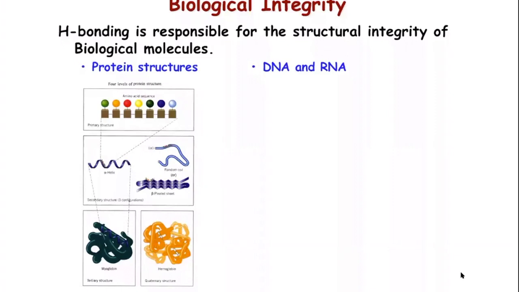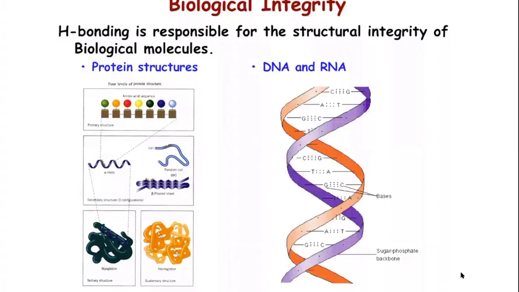And the tertiary structure is the way the hydrogen bonding folds that protein to have its globular shape. So without hydrogen bonding, it would not have the shape it has, and then it would not function the way it does. And then, of course, DNA and RNA work on the double helix, especially DNA, and the way it unzips and zips is through the base pairs, and the base pairs are held together by hydrogen bonding.